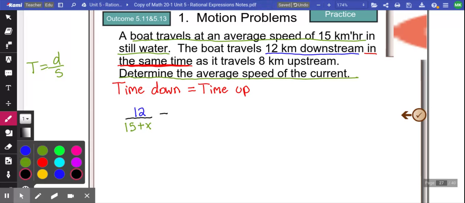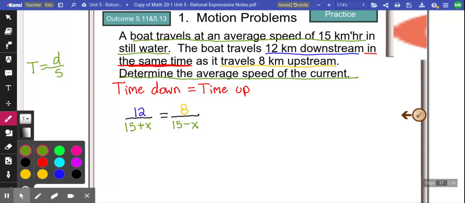That should equal my time upstream. Well, my time upstream would be distance upstream, which is 8 kilometers upstream, divided by my speed upstream, which is still 15, but this time it's minus x, subtracting that boost.